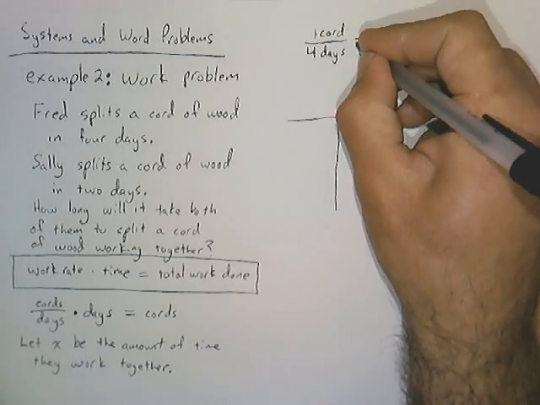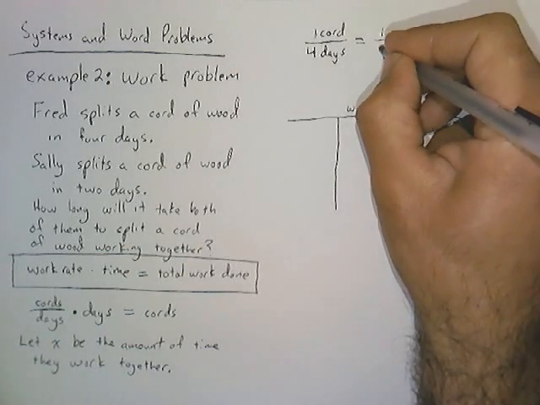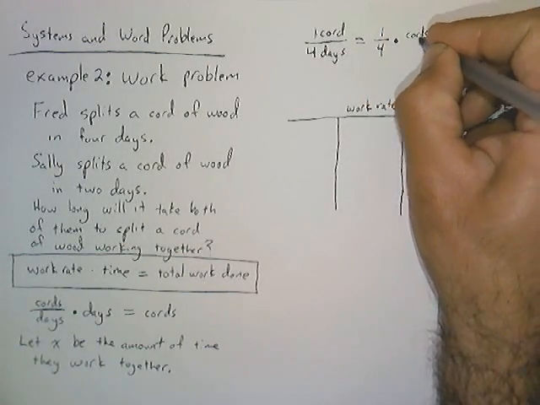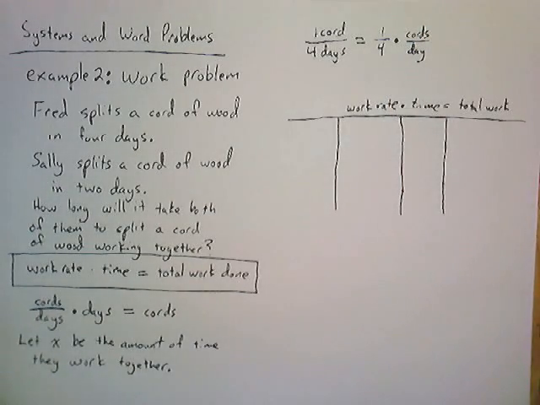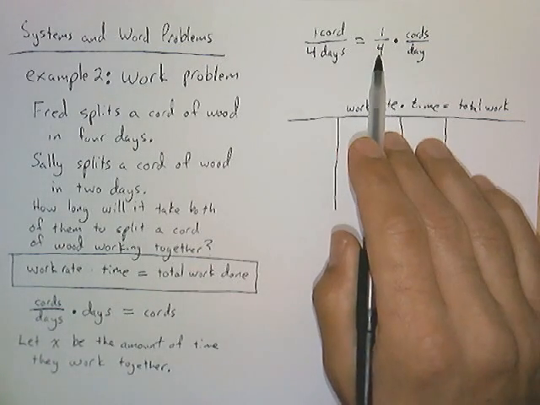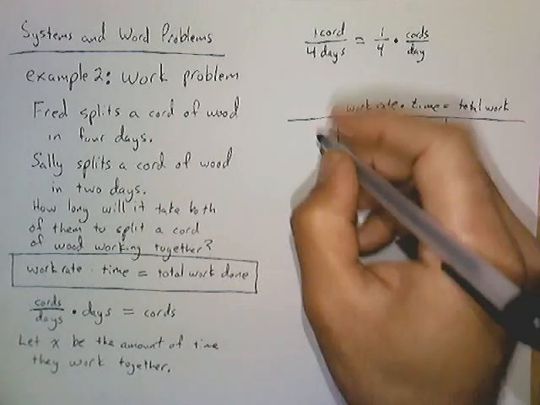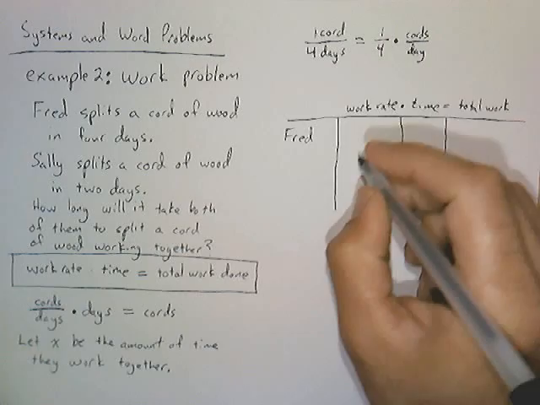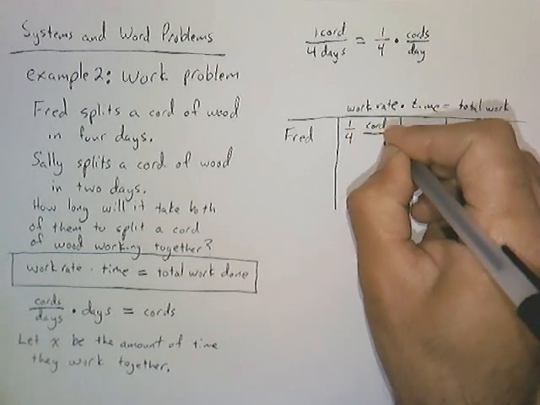So we could rewrite this, just splitting up this multiplication of fractions as 1/4 times cords per day. Right? If we can split 1 cord in 4 days, that means he's going to split 1/4 of a cord every single day. So for Fred, his work rate is going to be 1/4 cord per day.